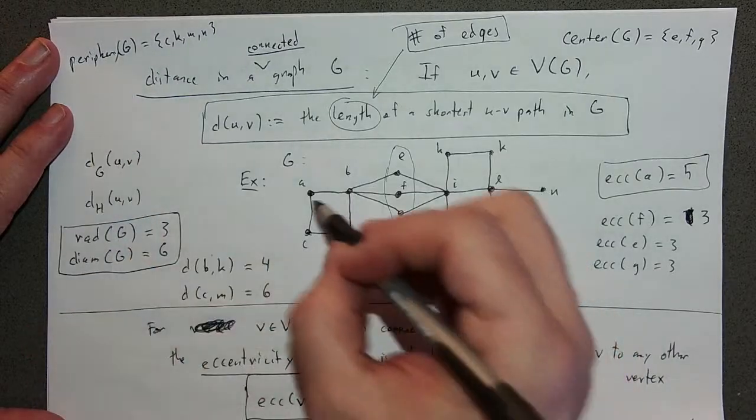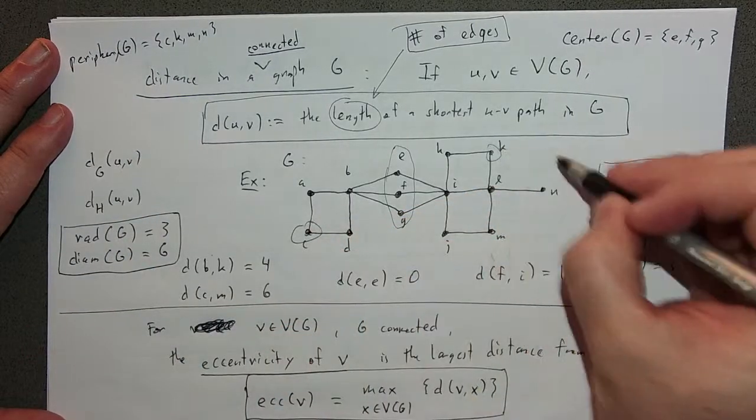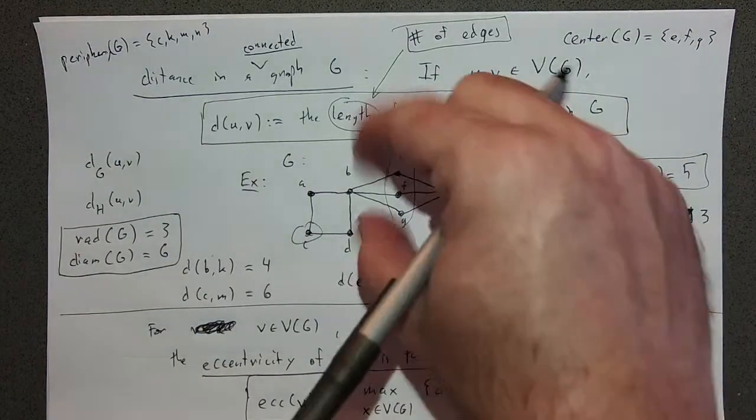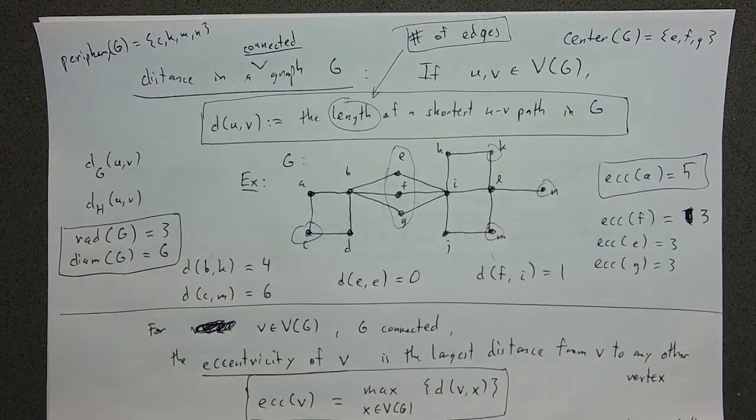And the periphery consists of those vertices which are the furthest they can possibly be from all other vertices. That's the periphery, that's the outside. The center is the inside.